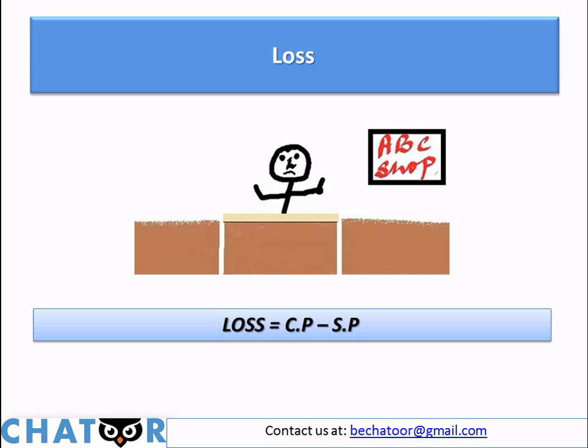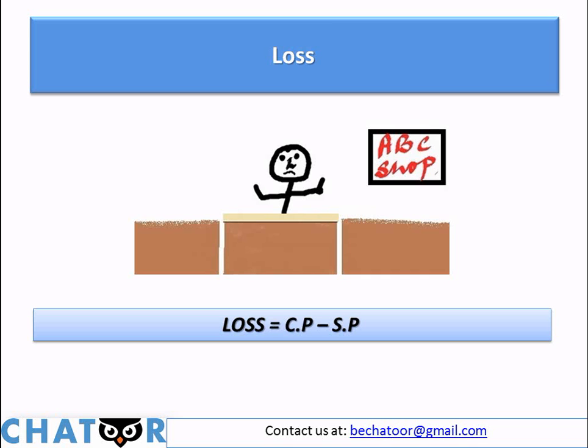On the other hand, let's assume there were some market forces which were against him, or he made a bad judgment. For example, I've met many shopkeepers in my life who generally like to stock a lot of things which are famous amongst the younger generation.